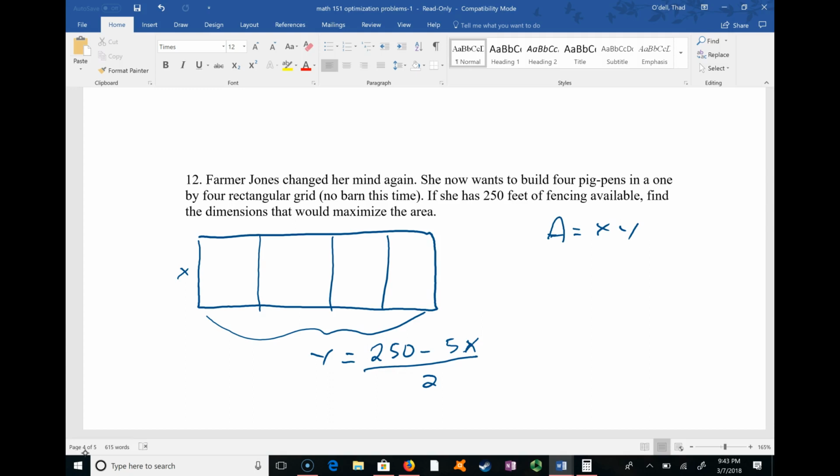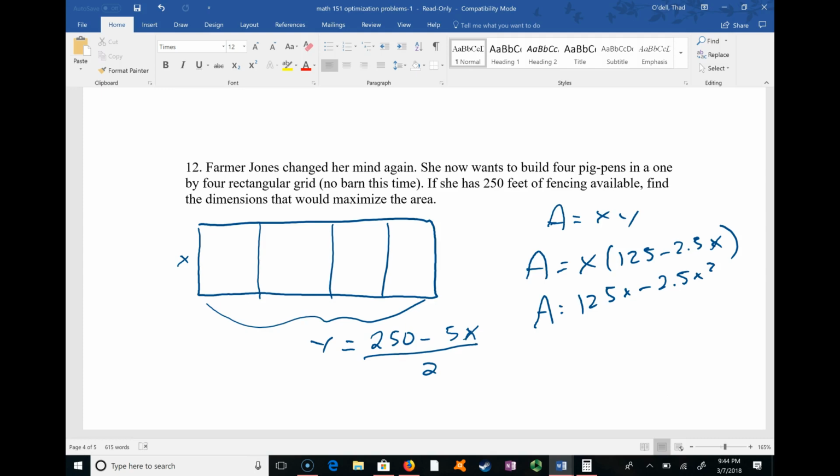So in other words, I'm taking 250 at the beginning, taking off the 5x's, and then what's left is going to be split between the 2 y's. So that's why I divide by 2. So over here, I'm going to go A equals X times 125 minus 2.5x. So area is equal to 125x minus 2.5x squared.